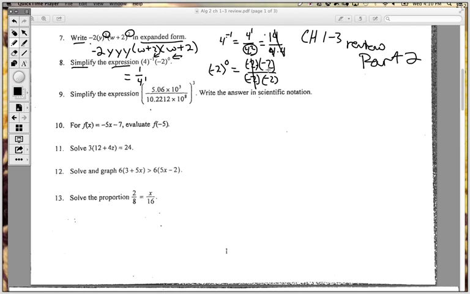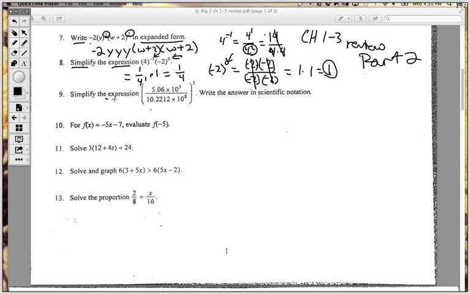That winds up making a whole bunch of 1s, and it equals 1. So anything raised to the 0 power is just 1. So 1 over 4 to the first power times 1 is really just 1 over 4.